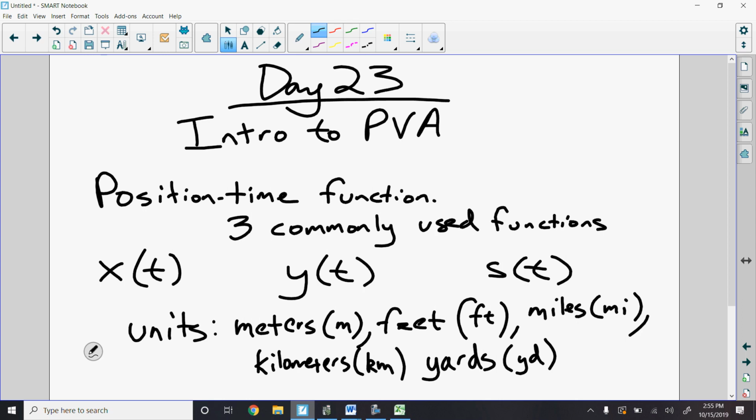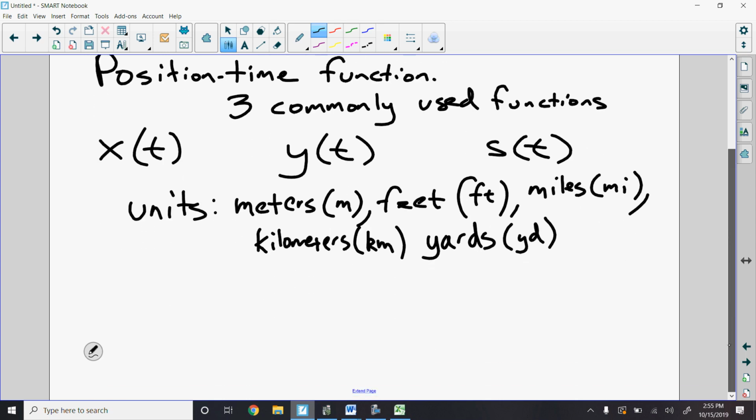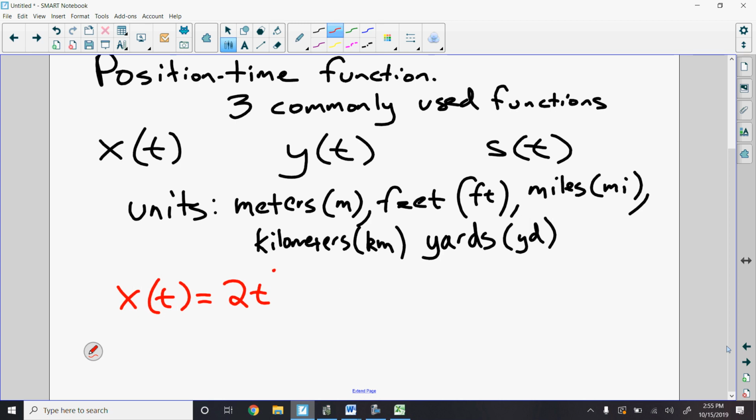So let's look at an example here. Let's say the position of an object that's moving along the x-axis is given by x of t equals 2t squared minus 8t.